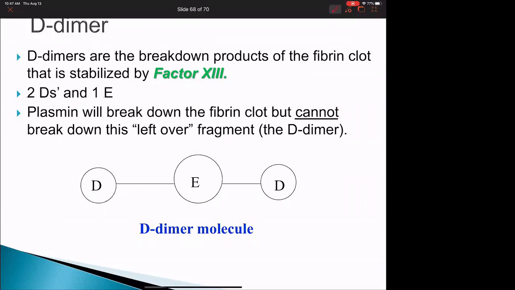There are 2 D portions and 1 E portion. Plasmin comes in and breaks down the fibrin clot, but it cannot break down its leftover fragment, which is the D-dimer, okay? So D-dimers are very unique products that result from plasmin breakdown of cross-linked fibrin only. So when D-dimers are positive, that means that cross-linked fibrin has been broken down.